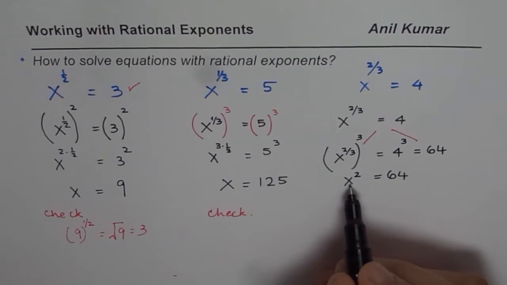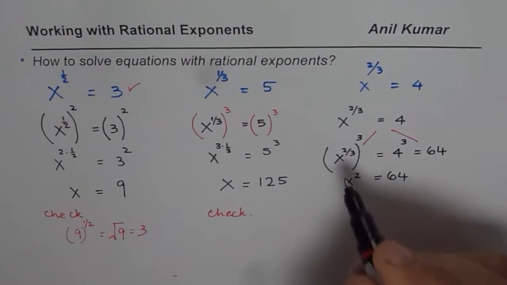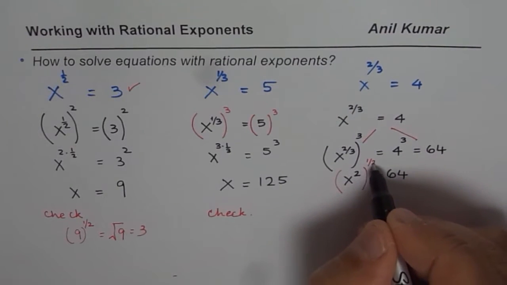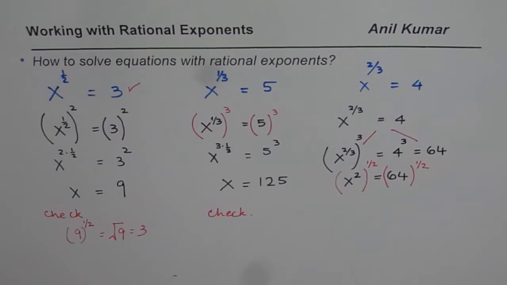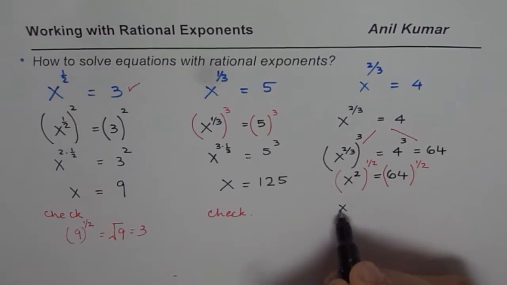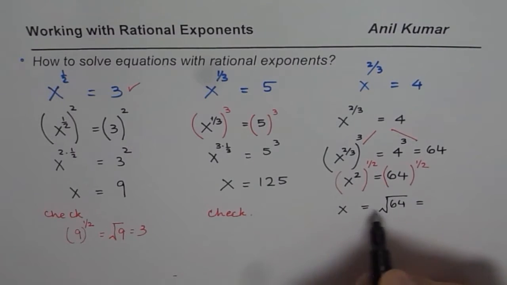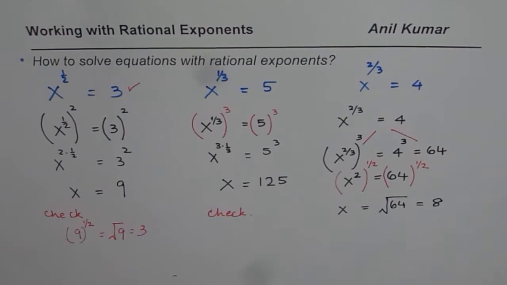Now to find the value of x, what will you do? You will take the square root, right? So we'll do to the power of half. So when you do the square root, you'll get x equals square root of 64, which gives your answer as 8.